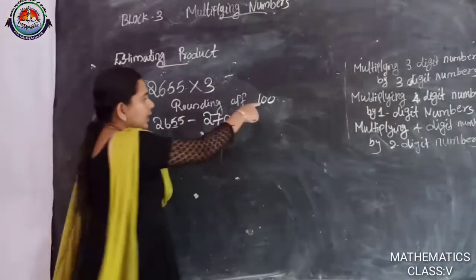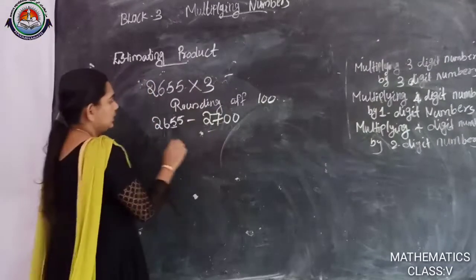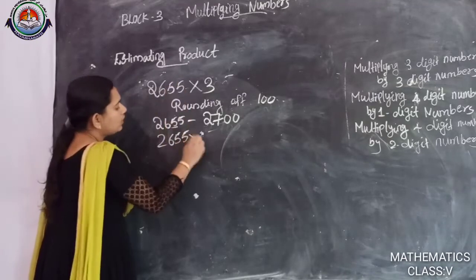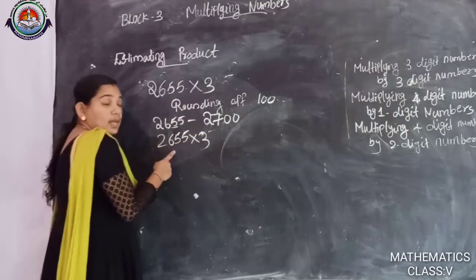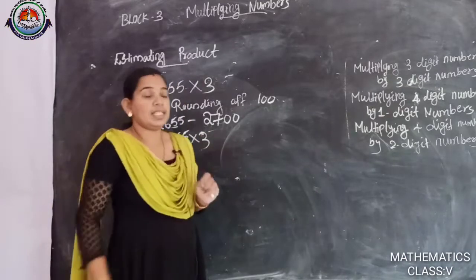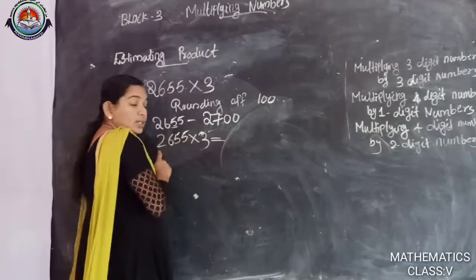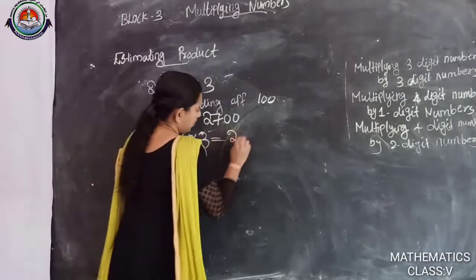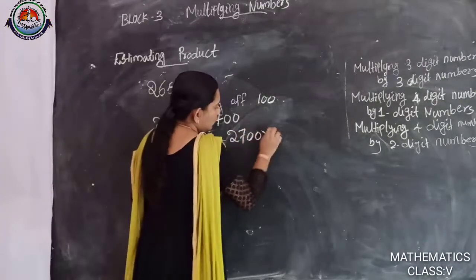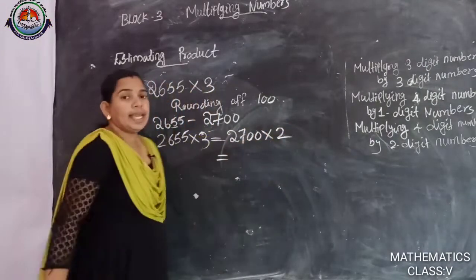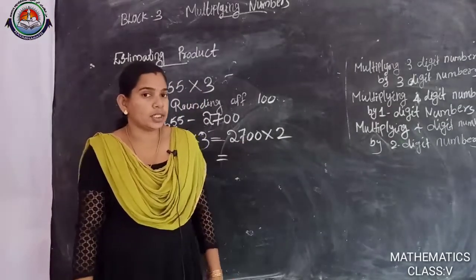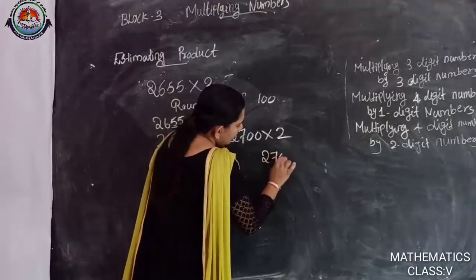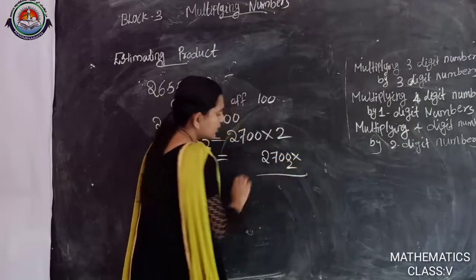Okay, then into 3. So the estimated product of 2,655 into 3 is, we can change 2,655 to 2,700 into 3. Then you know how to find the product, 2,700 into 3.